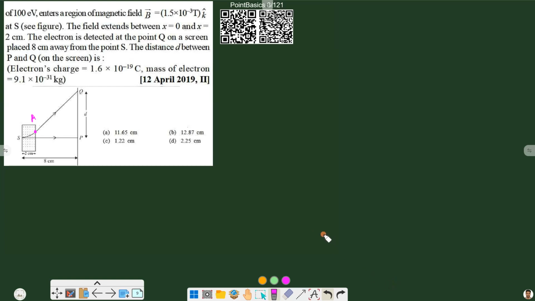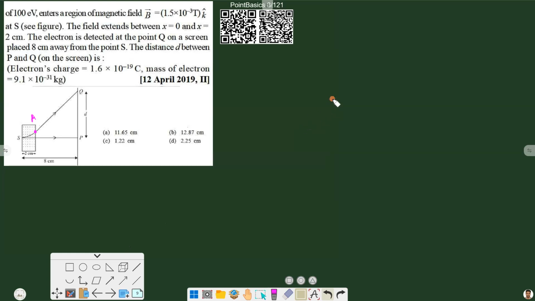So first of all, we focus on the slab part, and after solving for the slab part, we will focus on the remaining part. Let's draw the slab here.